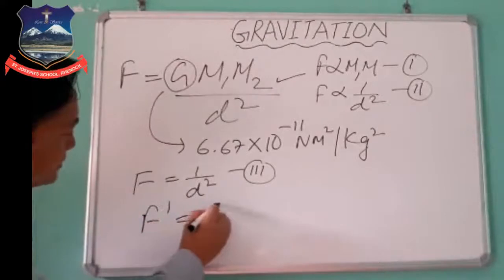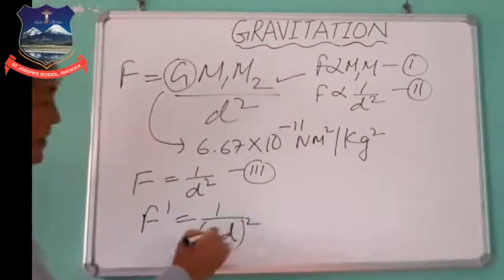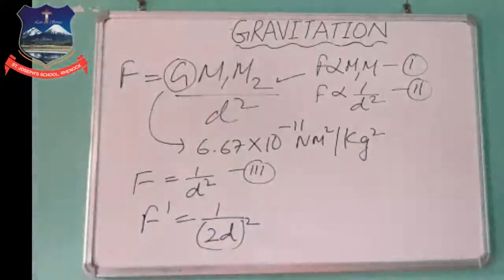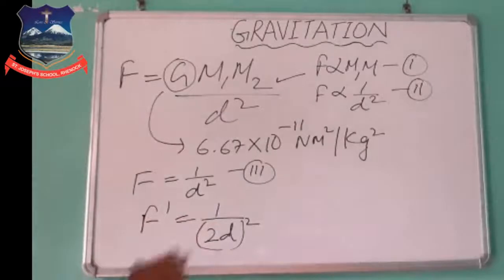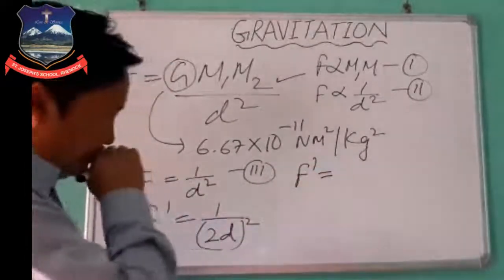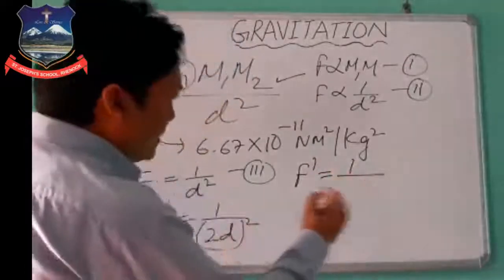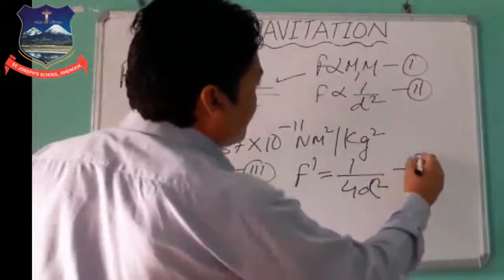F dash equals 1 upon 2d whole square. That means the distance I have doubled here. F dash equals 1 upon 2 square, which means 4d whole square. Make this equation 4.